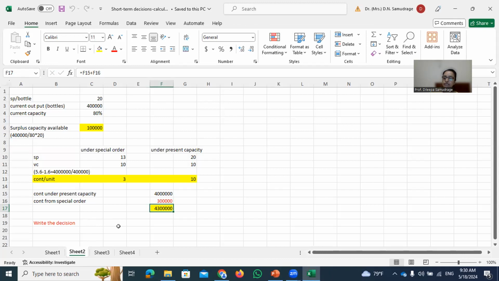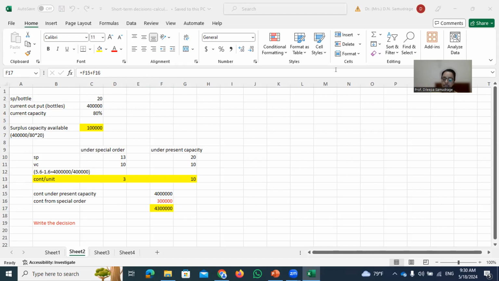Then the other point is, here you didn't consider the fixed cost, but if you accept the special order, maybe you need another supervisor, right? So you have to pay for him, right?